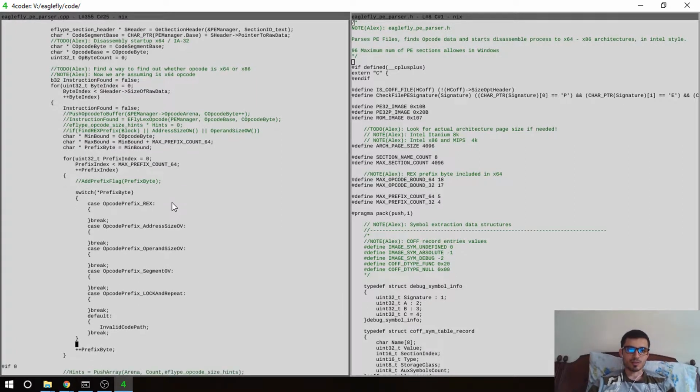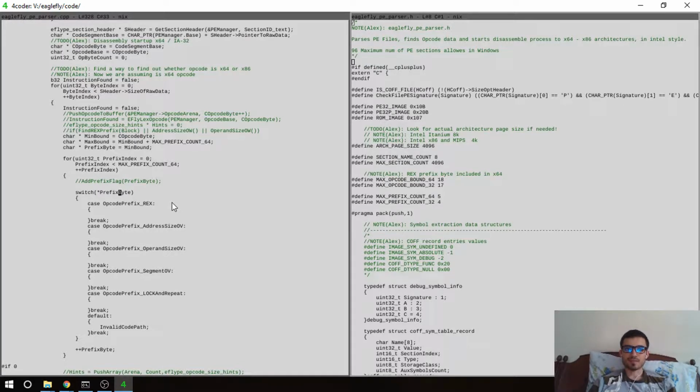I believe we were looking at the possible prefixes for x64 and x86, but there's a caveat: it's missing the VEX prefixes, and VEX encoding has a special way to do opcode encoding.